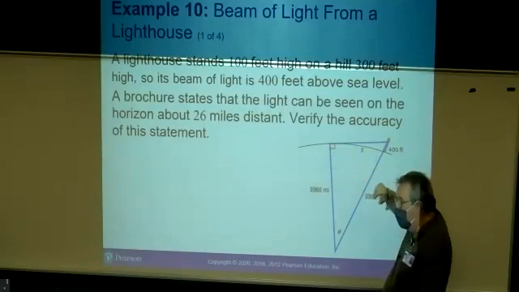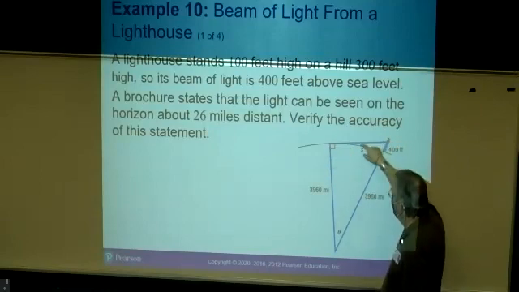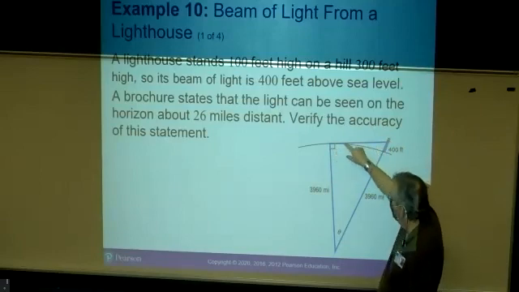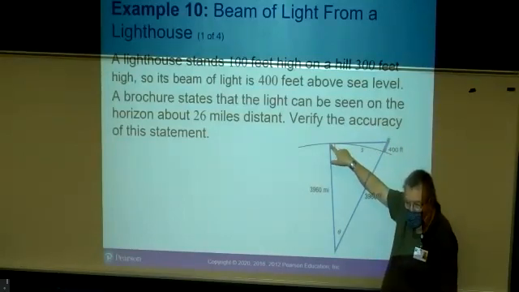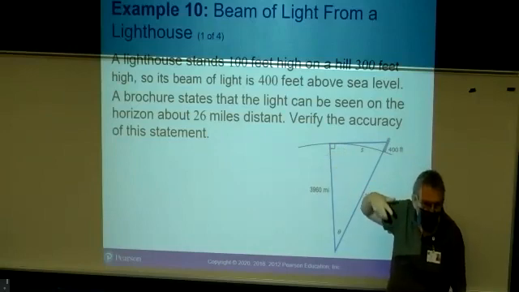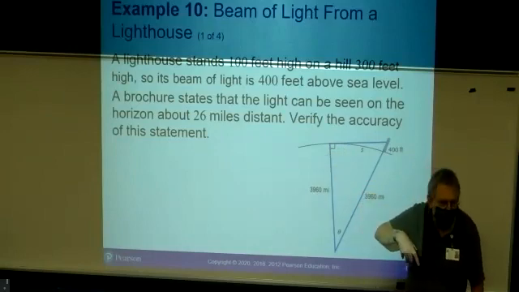Now, the question is, do they mean the line of sight is 26 miles, or the length of this arc is 26 miles? And are they talking about miles, or are they talking nautical miles? Number of knots.